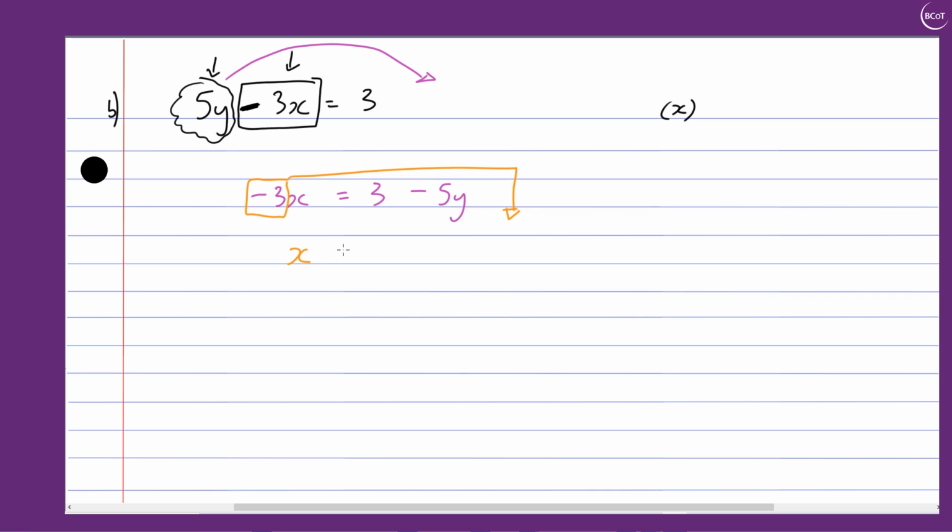So we end up with x equals 3 minus 5y all over minus 3. And it doesn't look very pretty, but we don't care, because we're only asked to rearrange to make x the subject. It said make x the subject, and x is on its own, so we've done it. We don't care how horrible it looks, because we've done what they asked us to.